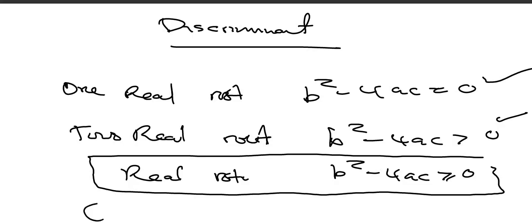Then if it has complex roots, the discriminant that we use is b squared minus 4ac less than 0. That's the discriminant that you use. So the only time you use the discriminant is when they specify that the nature of the roots is either real, true real, or just plain real roots, or complex roots. Yeah, that's basically what we have.